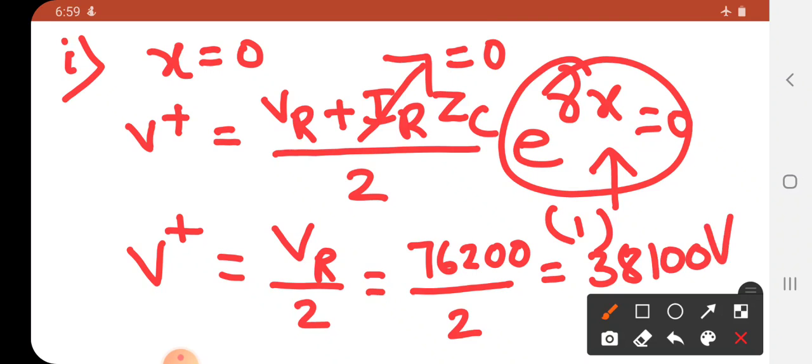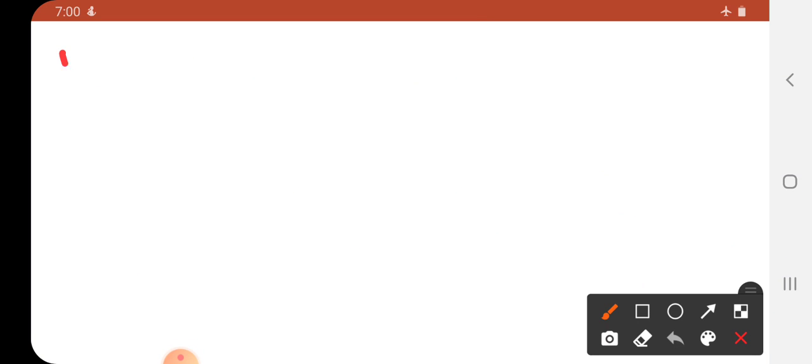Next, what is the second one? Similarly, the reflected voltage to neutral at receiving end. That means X is equal to 0.